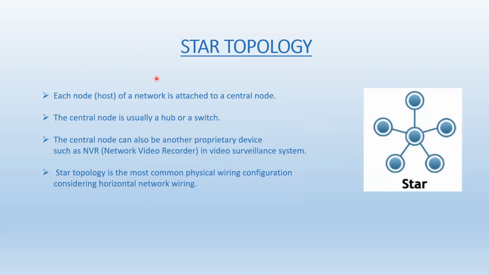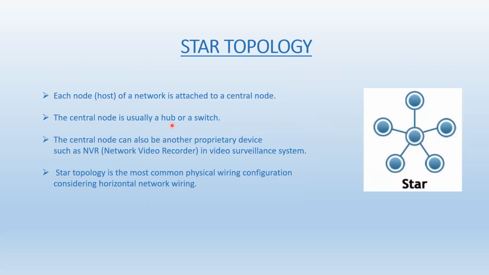All right, let's move on to something called a star topology. In a star topology, we have one main node into which all other nodes are connected, so-called home run connected. Each node or host of a network is attached to the central node.